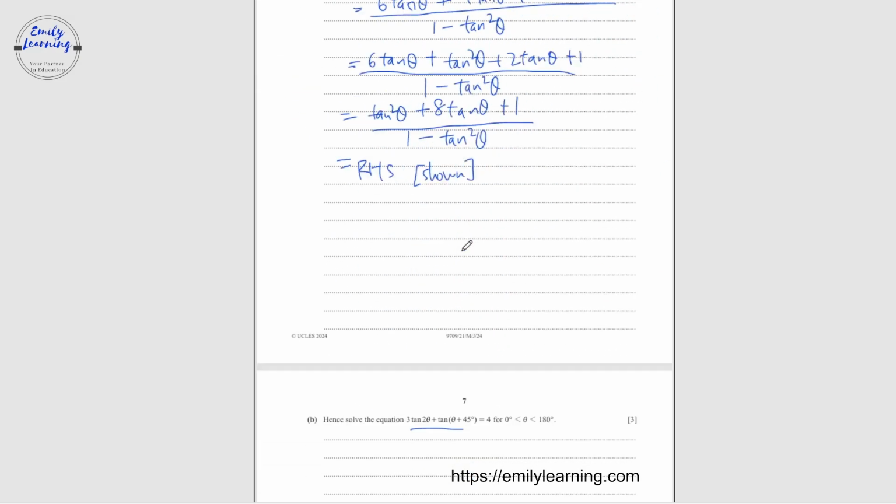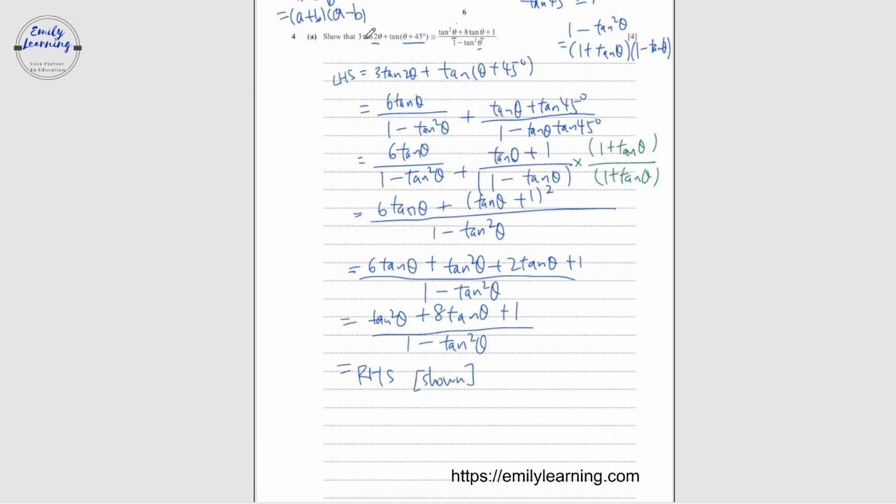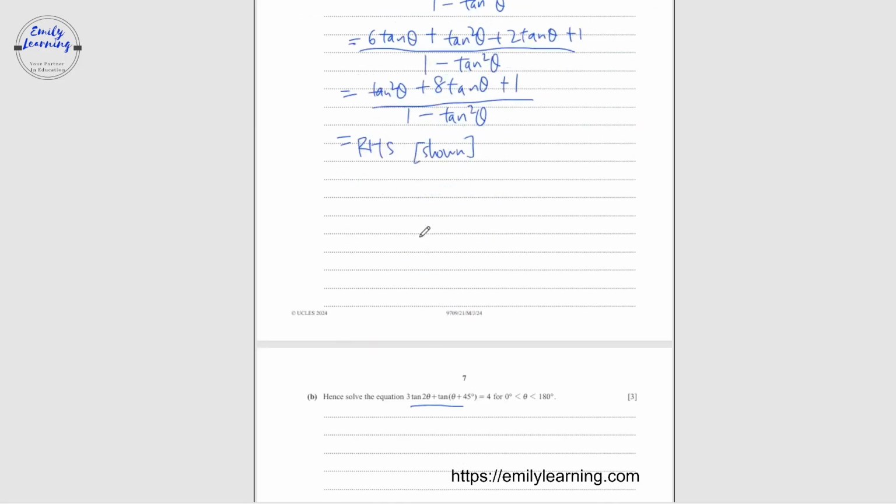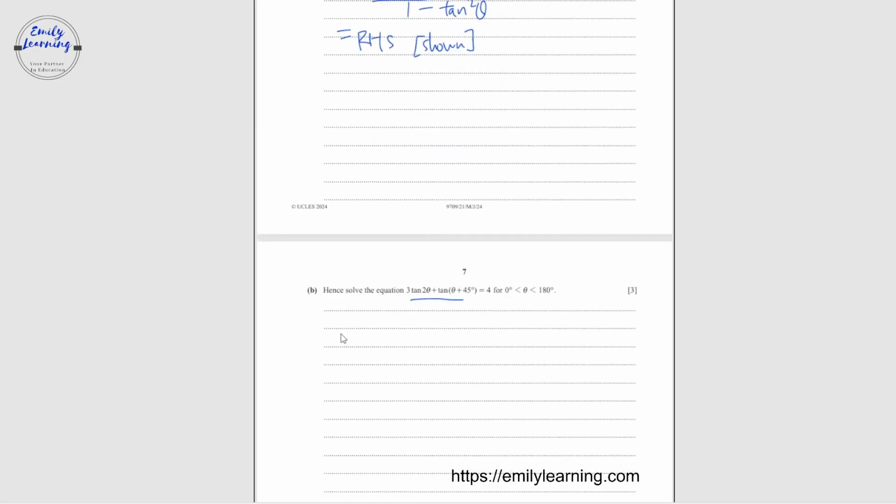Then I equate it to 4, because you cannot have tangent 2 theta and tangent of theta plus 45 degrees and solve them at the same time. So you must change every tangent to a tangent theta in order to be able to solve them. So let's do it. I have 3 tangent 2 theta plus tangent of theta plus 45 degrees equals 4, for theta between 0 degrees and 180 degrees. So I only need to look at the first and second quadrant, right?